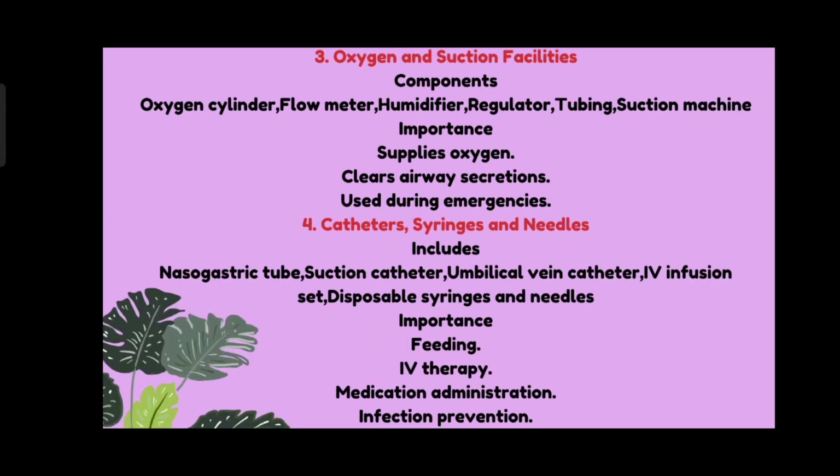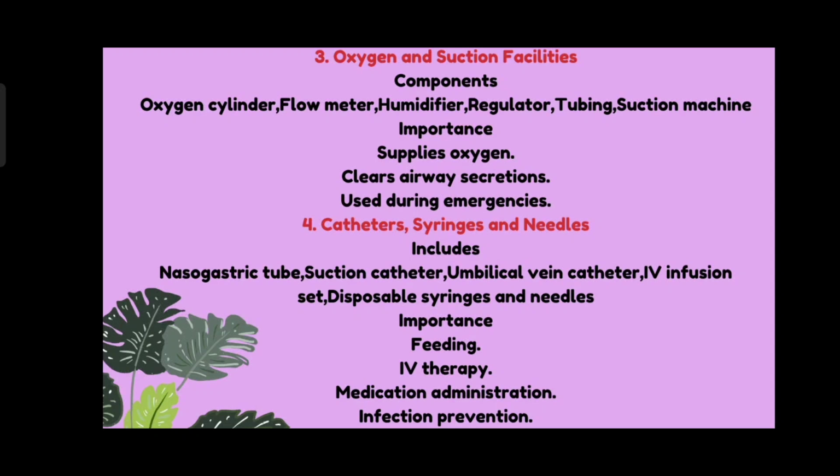Then third one is oxygen and suction facilities, which contain oxygen cylinder, flow meter, humidifier, regulator, tubing and the suction machine. This will help to supply the oxygen, help to clear the airway secretions and be used during the time of emergencies. And next one is catheters, syringes and needles. It will include NG tube, suction catheter, umbilical vein catheter, IV infusion set, disposable syringes and needles.